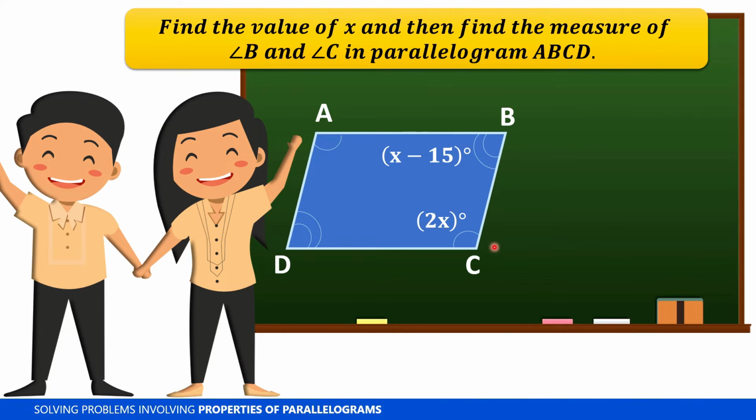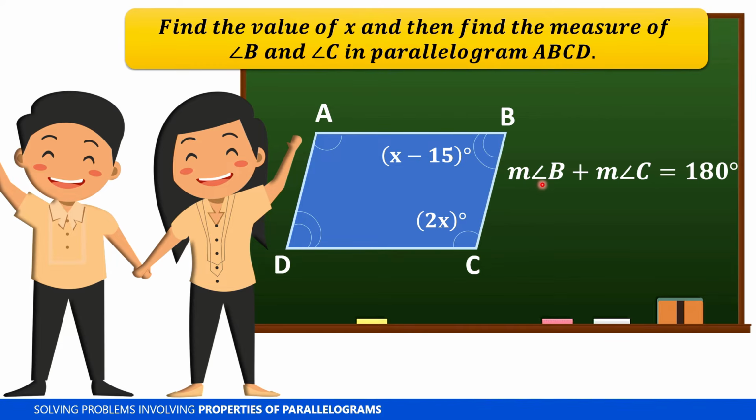What property of parallelogram are we going to use? Correct. In a parallelogram, consecutive angles or same-side interior angles are supplementary, meaning the sum of these two angles is equal to 180 degrees. So to solve the problem, we are going to use this equation.